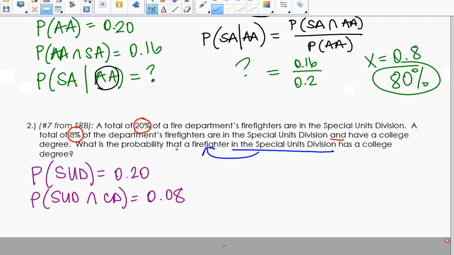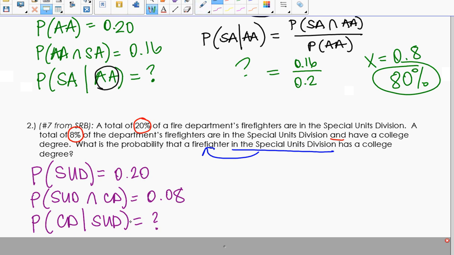And now it's asking, what's the probability that a firefighter has a college degree? So I'm rewording it so it makes sense. What's the probability that a firefighter has a college degree, knowing that they're in the special units division? Okay, that's our unknown.